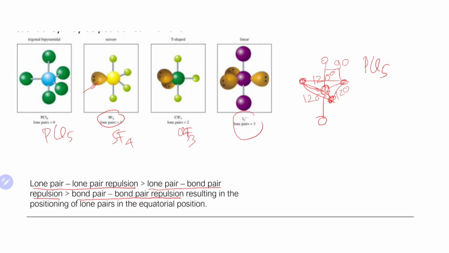One circle 360, so divided by 3, so 120. So here there is bigger space, then the lone pair will take the position in the triangle here. So one of the places of atom here will be empty, only lone pair. So right now this is the shape seesaw, like this.